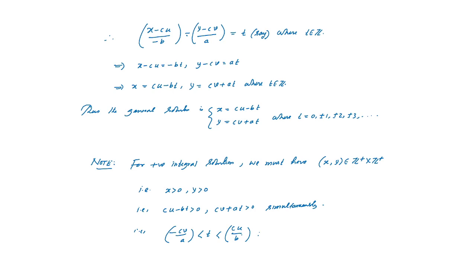Now the question is: find the general solution in integers of the equation. We'll do one problem. This problem is important. It has been asked in the Calcutta University Honours Examination, B.Sc course.